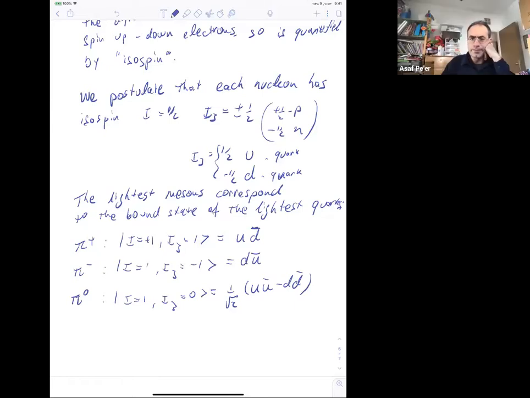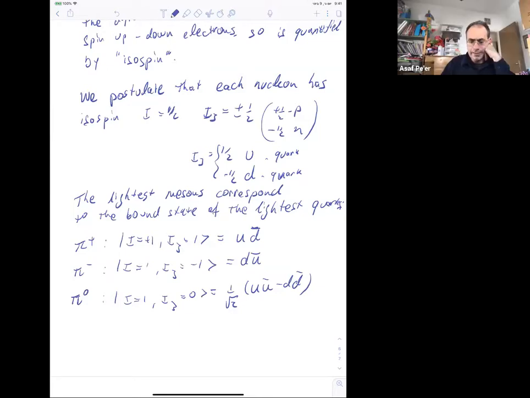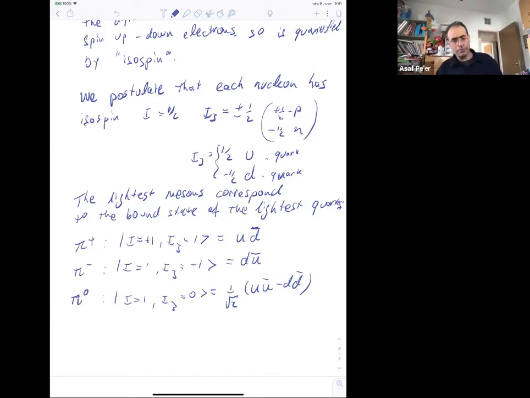Yes, correct. So could they join to create something with total isospin of 3/2? Yes, but this would not be considered the lightest one. This would be an excited state. I'm going to get to that in 2 minutes.